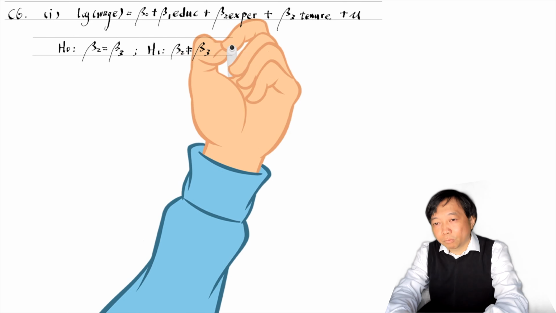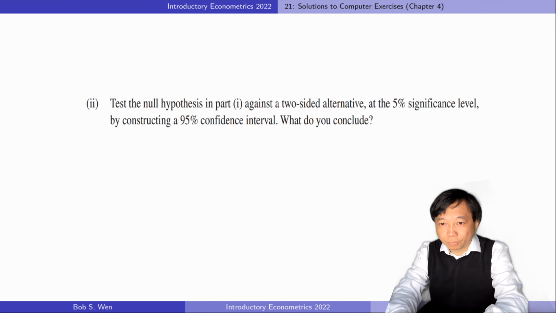There is more than one way to do the test. We could estimate the unrestricted and the restricted models and compute the F statistic. But here we use another method since the second part asks us to construct a 95% confidence interval.